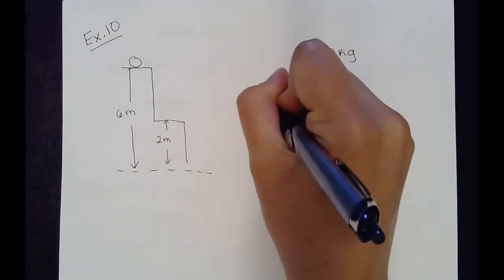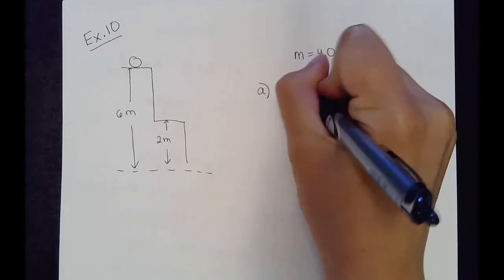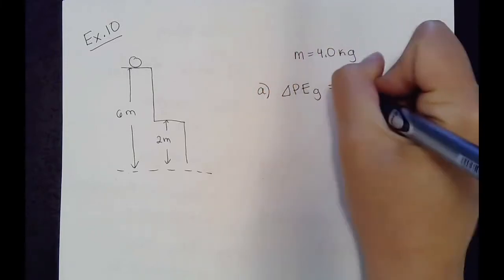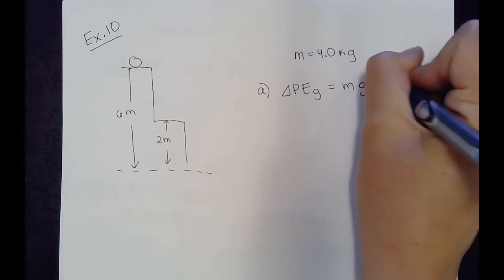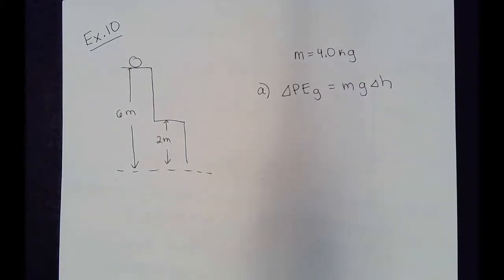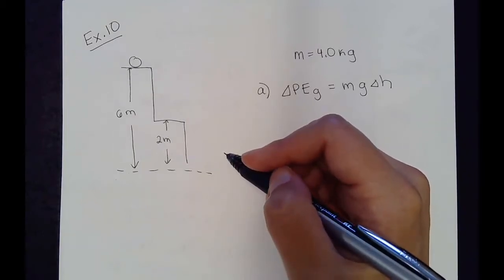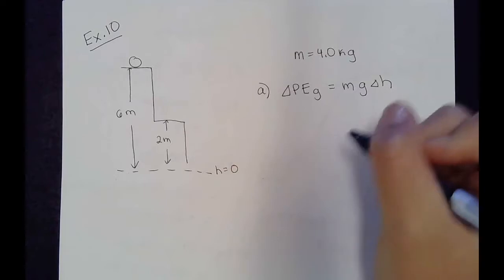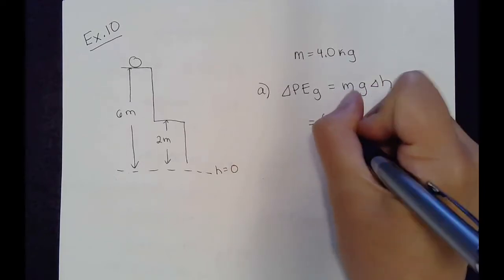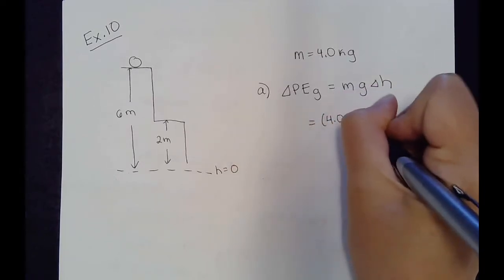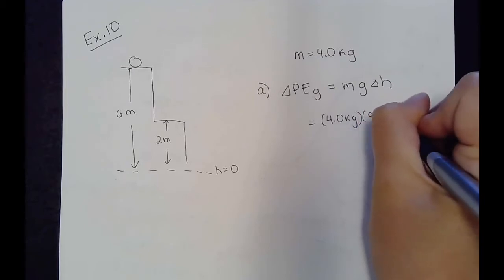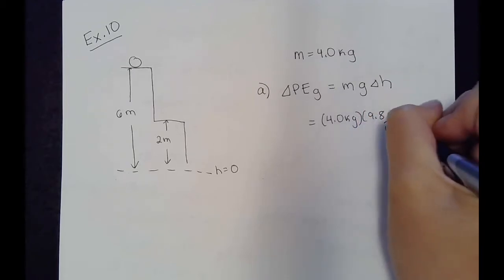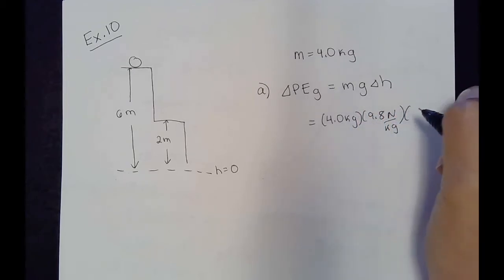Okay, so for part A, we want the change in potential energy, delta PEG, for the rock. It's mg delta h. We can choose the reference point as the lowest point in the problem, or any point. I'll choose the ground here. So I'll have m, 4 kilograms, times 9.8 newtons per kilogram, times delta h.